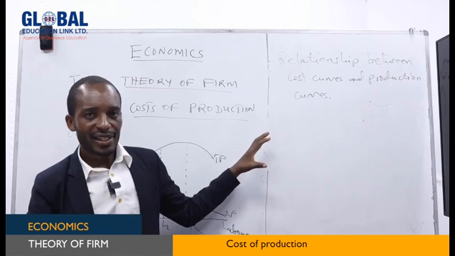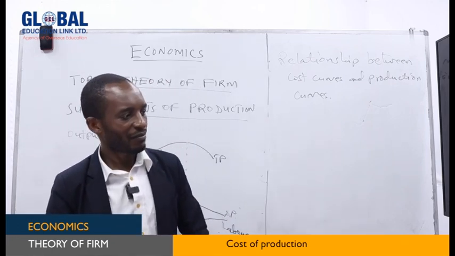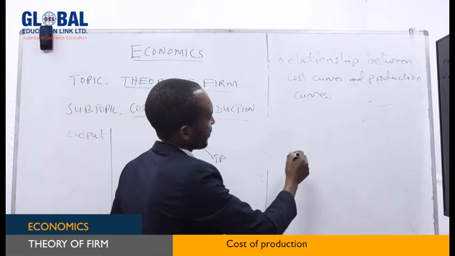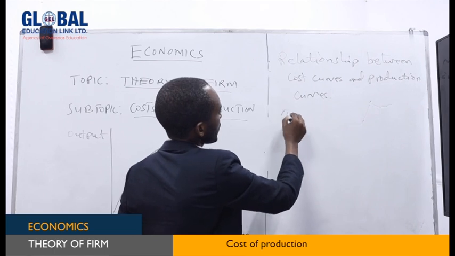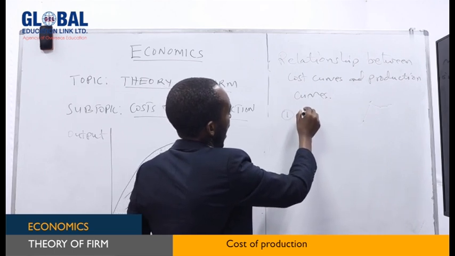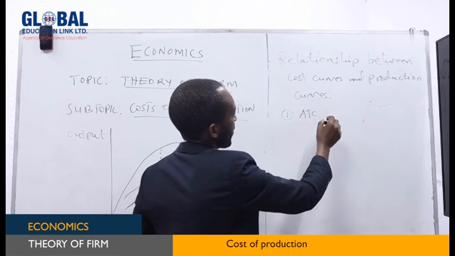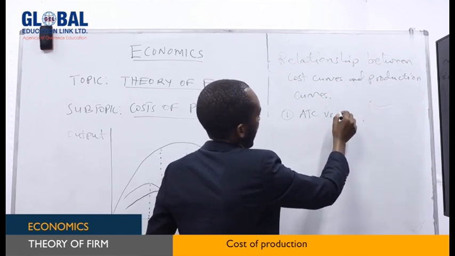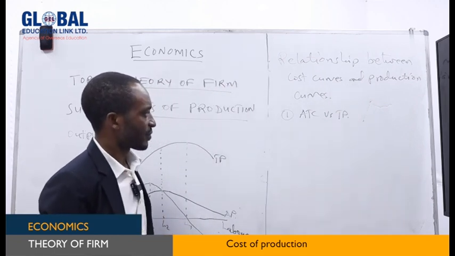The cost curves and the production curves have an inverse, or negative, relationship. So graphically, let us start with the relationship between average total cost versus total product.